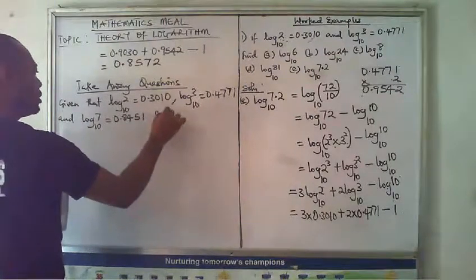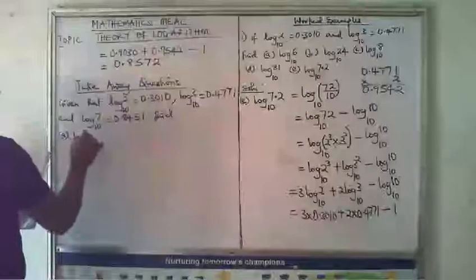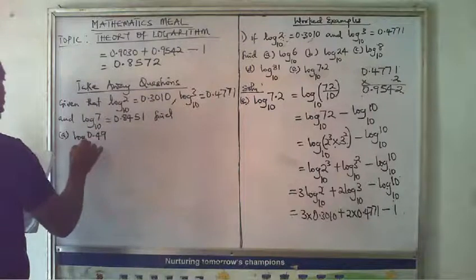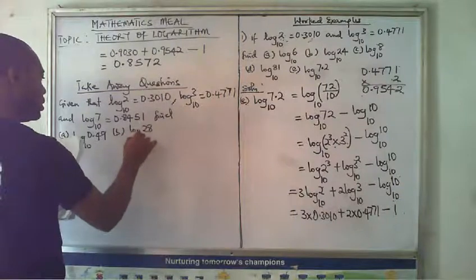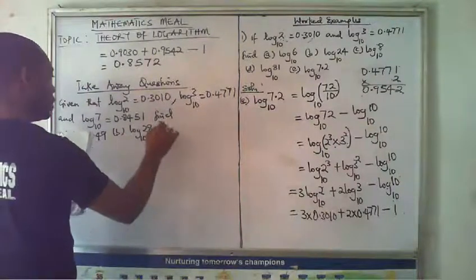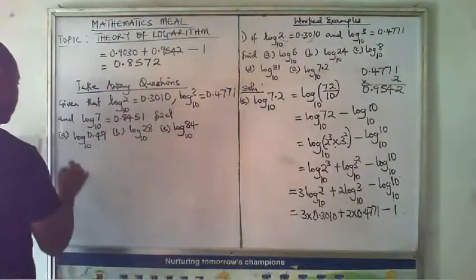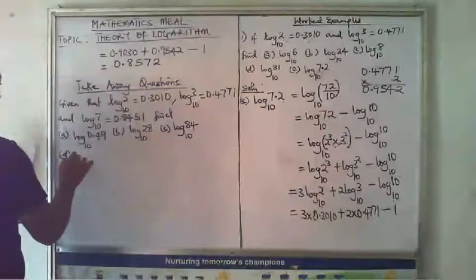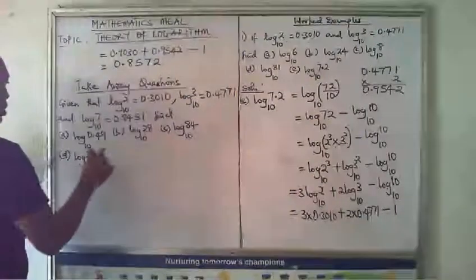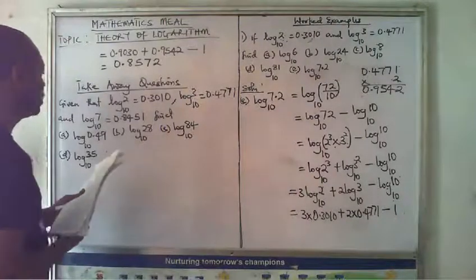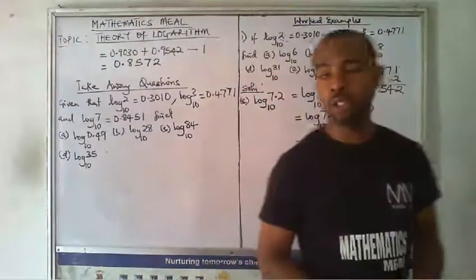Find here what are the things we are going to find: log 0.49 in base 10, log 28 in base 10, log 84 in base 10, and log 35 in base 10. These are the questions that we need to look at using those known logarithms.